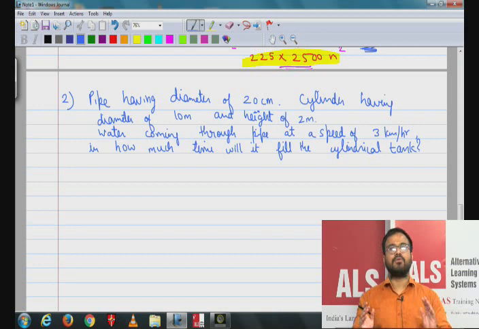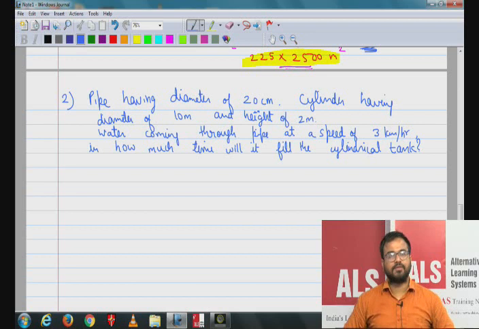Earlier, in the previous question, there was a canal with a rectangular face, but this time there is a pipe, and the water is coming through the pipe at a speed of 3 km per hour, and that water is going into the cylindrical tank. The dimensions of the tank are also given. Now you have to figure out in how much time it will fill the cylindrical tank.